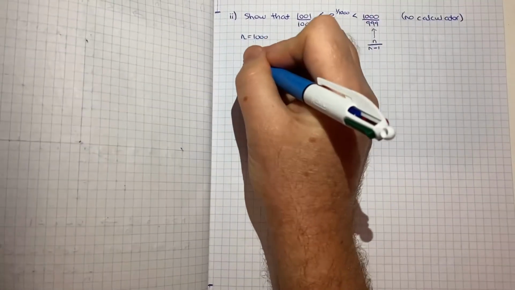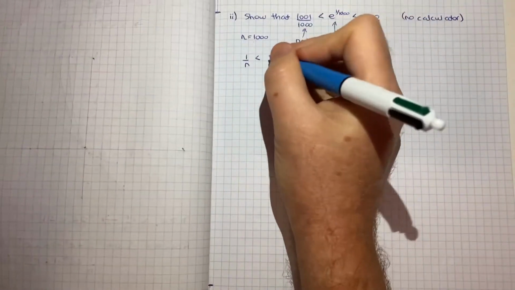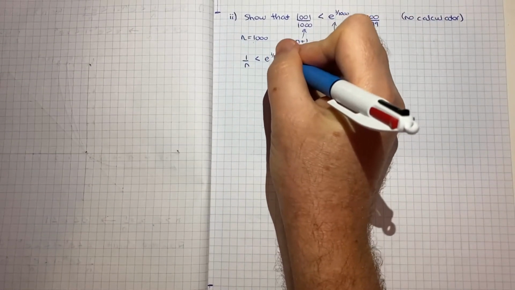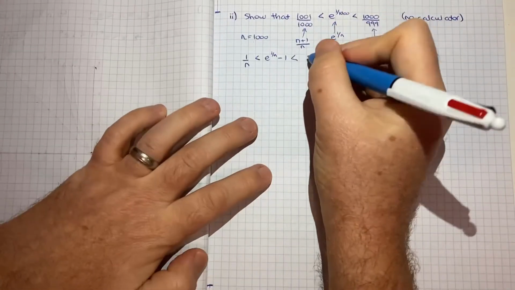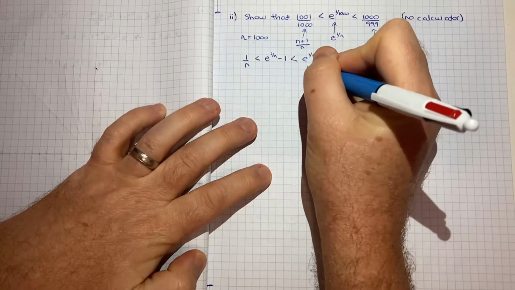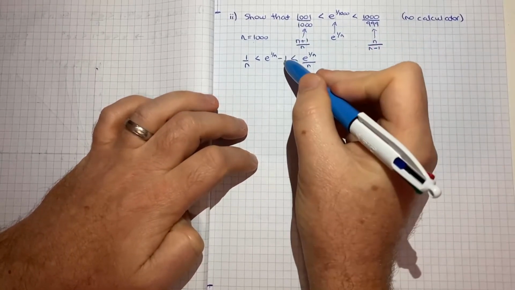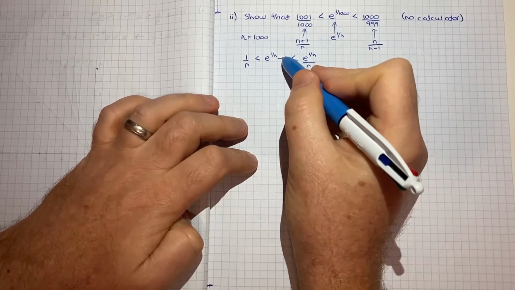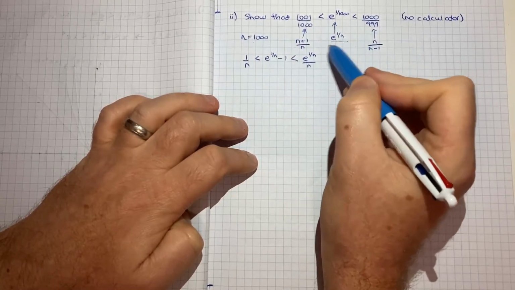1 on n is less than e to the 1 on n minus 1, which is less than e to the 1 on n. Alright, so where to begin? I think obvious thing to do is to bring the minus 1 over, because we know we're just dealing with e to the 1 on n by itself.